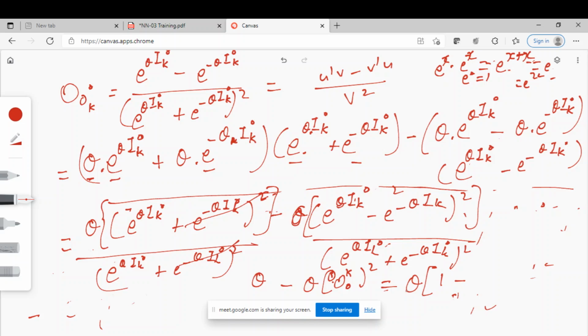Before that, this can be written as 1 squared minus ok squared, which is a squared minus b squared. This can be written as a plus b into a minus b. So now this becomes theta into 1 plus ok into 1 minus ok. Are you getting? So this is how we got this.